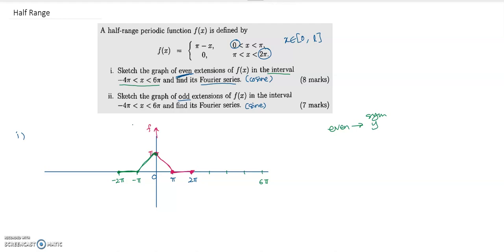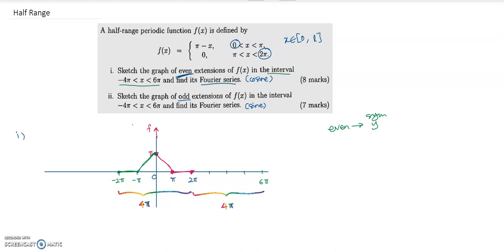The initial graph is from negative 2 pi to positive 2 pi, so the period is 4 pi. Similarly, the next complete interval should also be 4 pi.